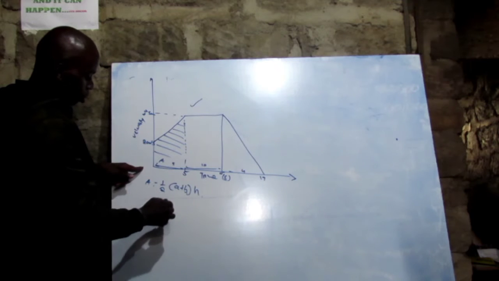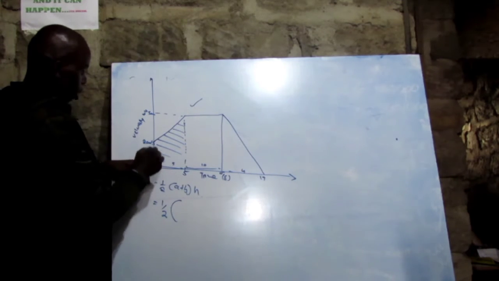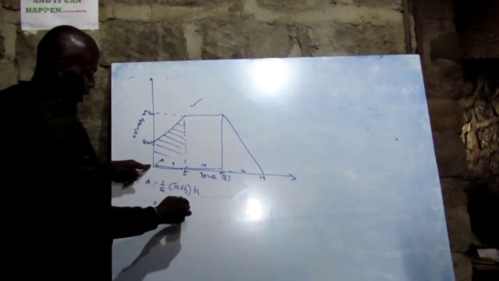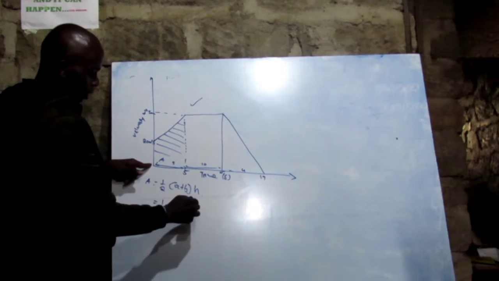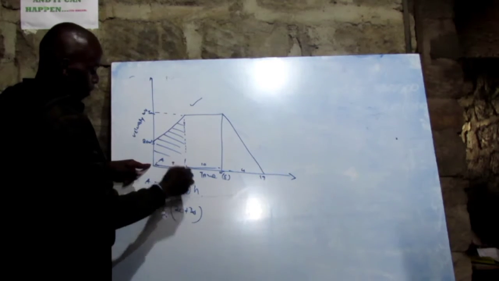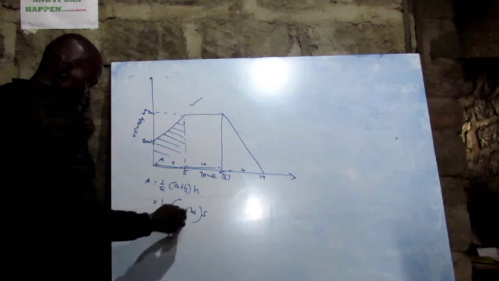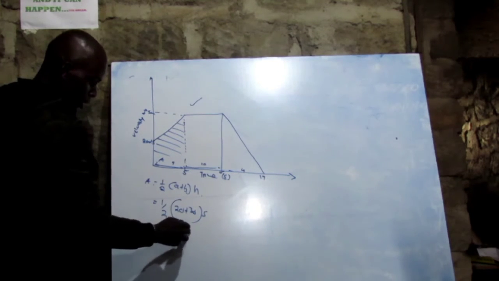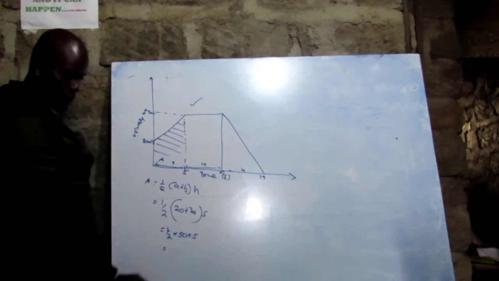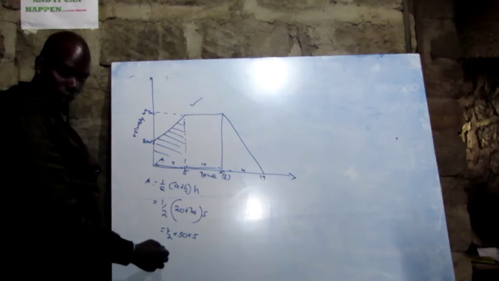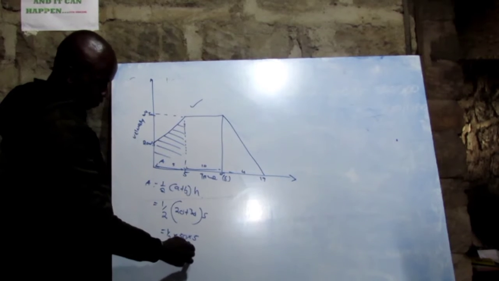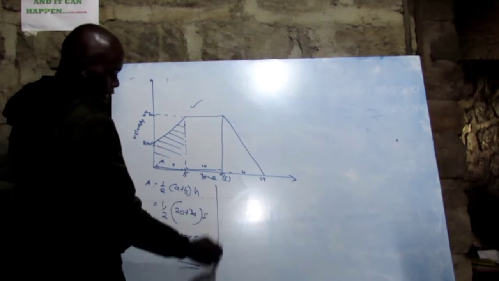A on this side, from here to here, which is 20. Plus, from here to here is 30, times height. What is the height? 5. So if you do it, you get a half times 50 times 5. So what's the answer? 125 meters.